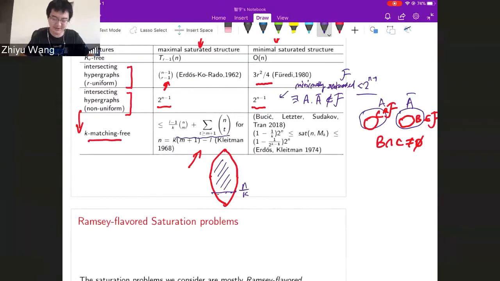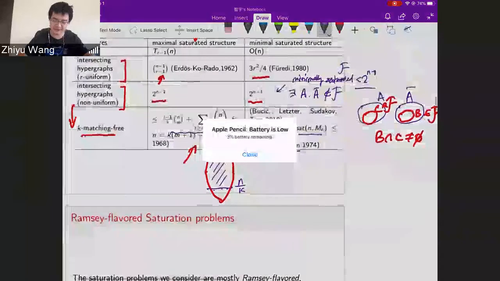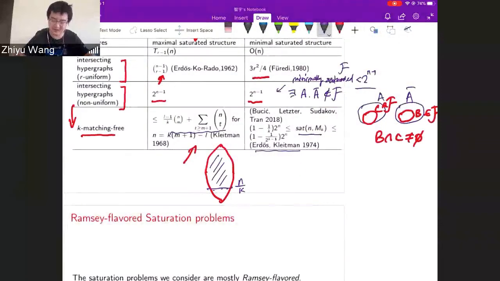That's something around this quantity. For the saturation number, there's a conjecture by Erdős and Kleitman in 1974 that it is upper bounded by 1 minus 1 over 2 to the k minus 1, times 2 to the n. In order to prove the upper bound, what we need is a construction.